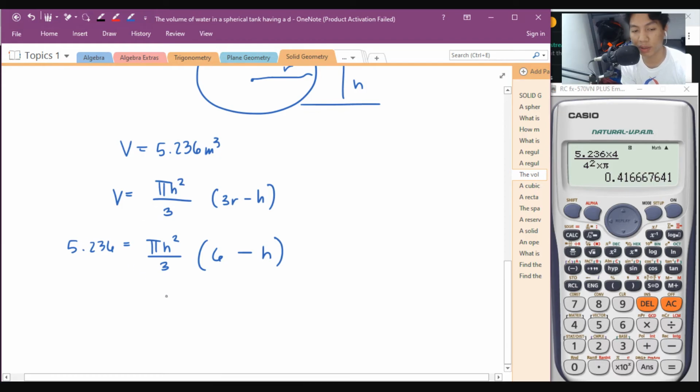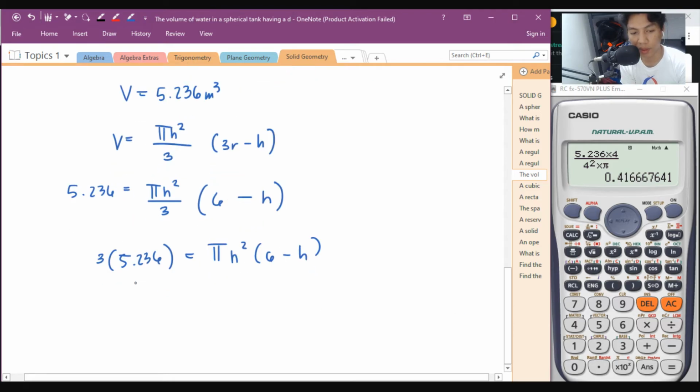Let's simplify this first. So, this is 3 times 5.236 equal to pi h squared multiplied to 6 minus h. Let me divide both sides by pi.